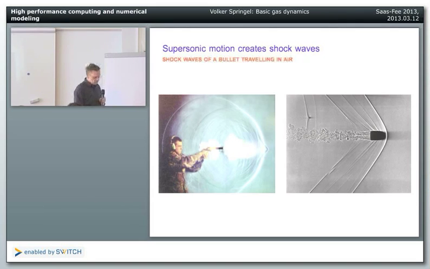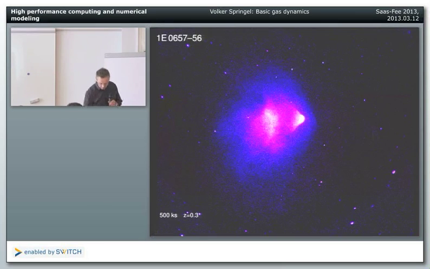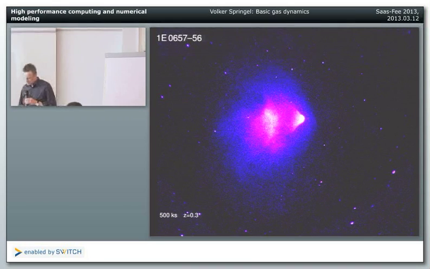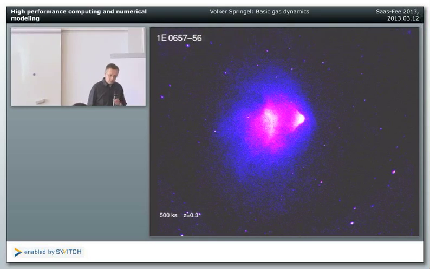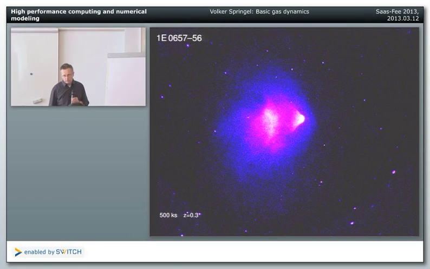And what's interesting is that such a bullet-like motion and such a shock is actually visible right out there in the universe. It's one of the most gigantic shock waves that we know. That's in the so-called bullet cluster. And here is the bullet right there. This is a cluster where we think this bullet is a small cluster that has been shot through this parent cluster and has come out on the other side.